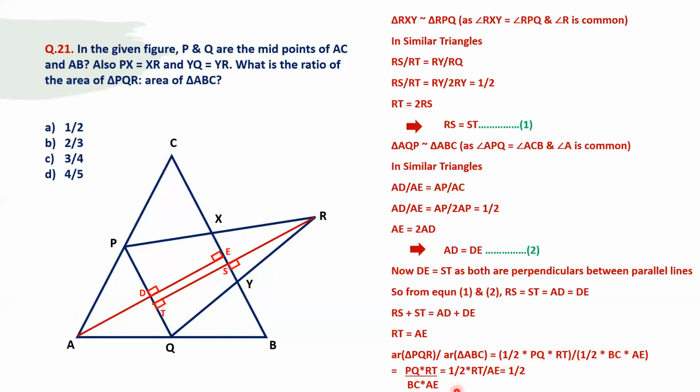Half and half will cancel out, and even RT and AE will also cancel out. Only thing remaining is PQ by BC, right? And PQ by BC is what? As per midpoint theorem, this PQ is half of BC. So PQ by BC is equal to half, right? So the answer would be half. The ratio is half, option A, 1/2.